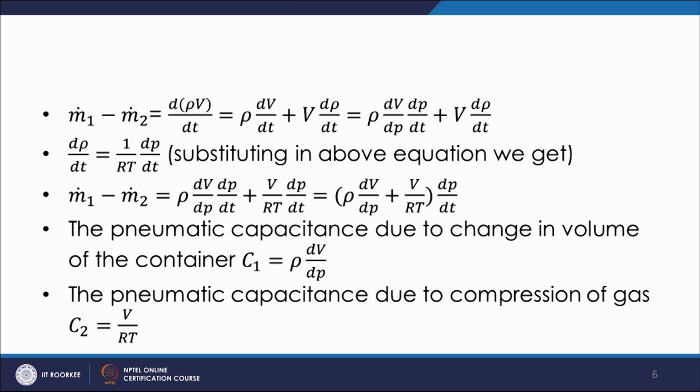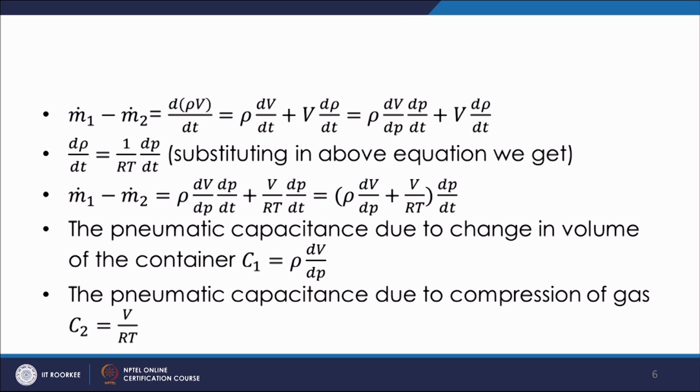If we substitute this d rho by dt here, this is what we get. I substitute for d rho by dt as 1 by RT dP by dt. So what I have is V by RT dP by dt, and if I take this dP by dt outside, this is what I get: rho dV by dP plus V by RT.